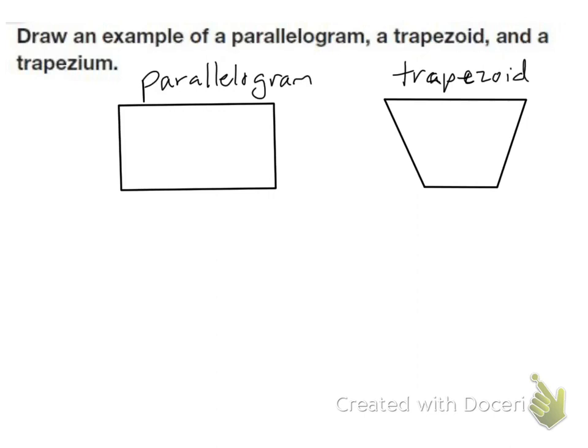To draw a trapezium, I begin by drawing 2 segments that are not parallel. I also don't want them to run into each other. Then I connect the 2 segments at the endpoints. So this is my trapezium.